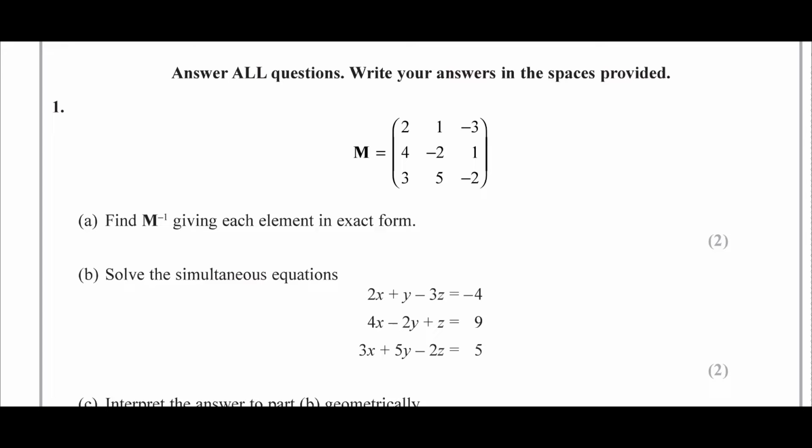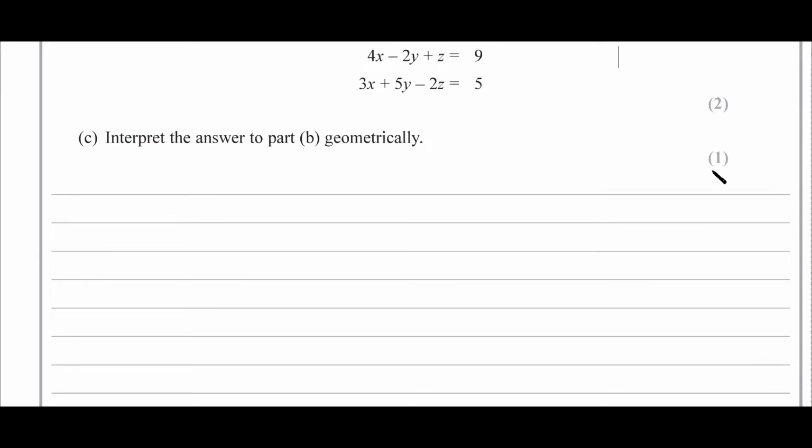Well, for this question, part A, we have our matrix M, which is equal to 2, 1, minus 3, 4, minus 2, 1, 3, 5, minus 2.